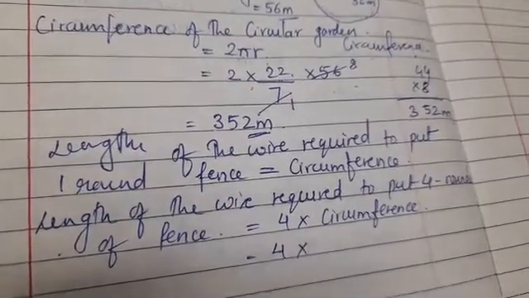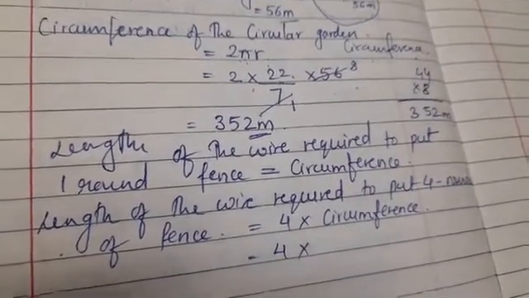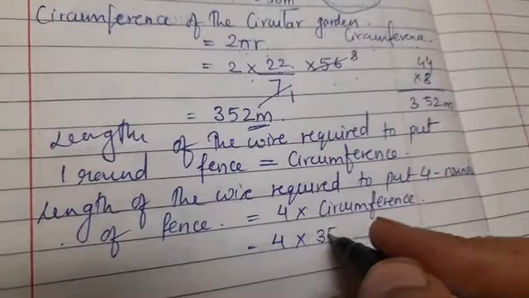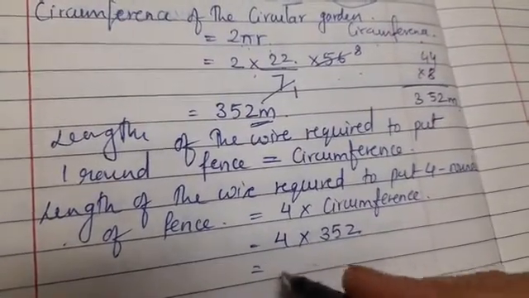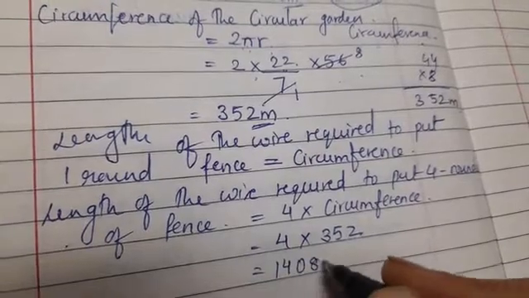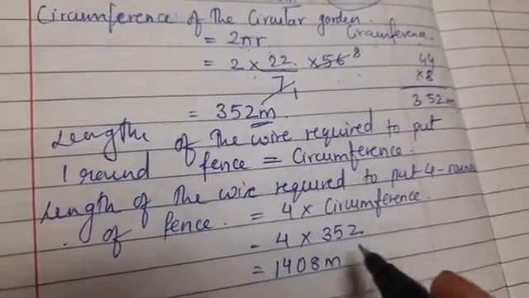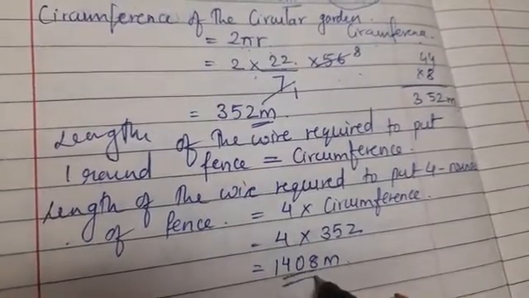This 4 into circumference is 4 into 352. When you multiply, you get 1408 meters.